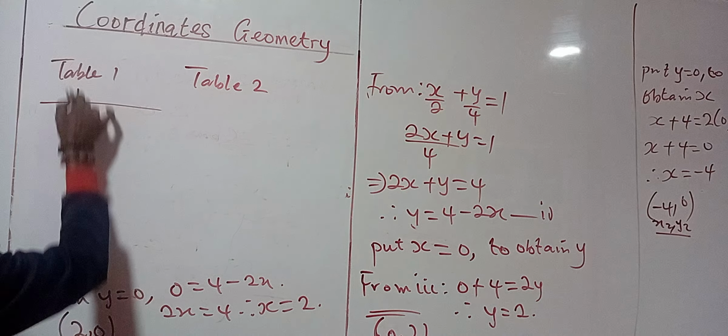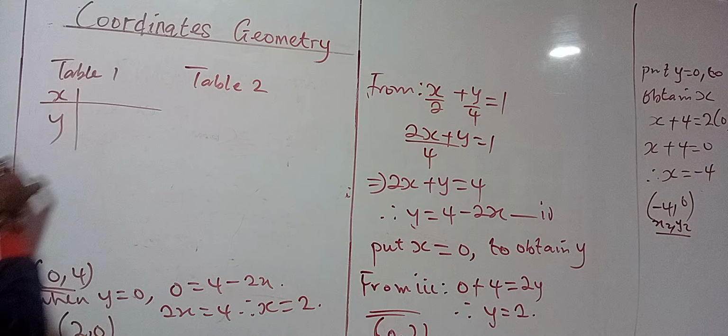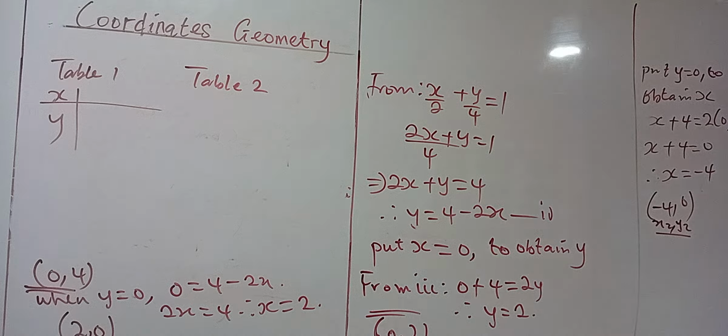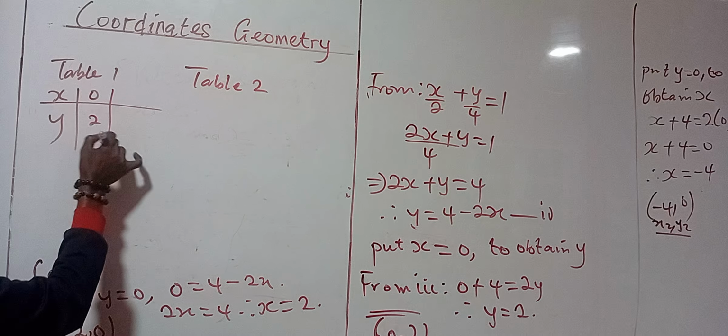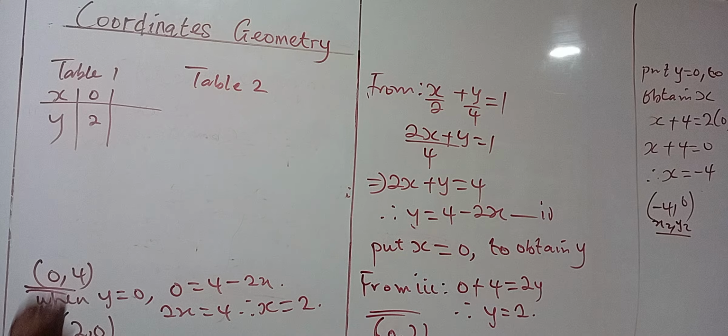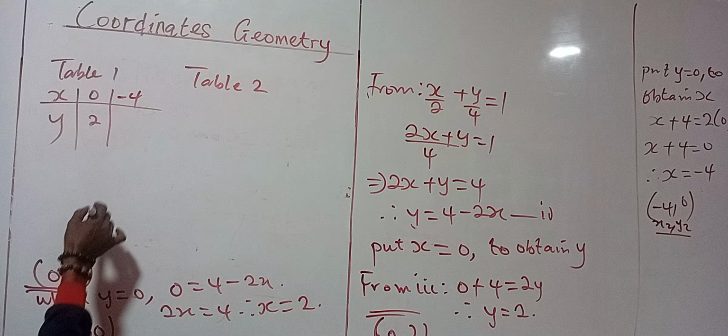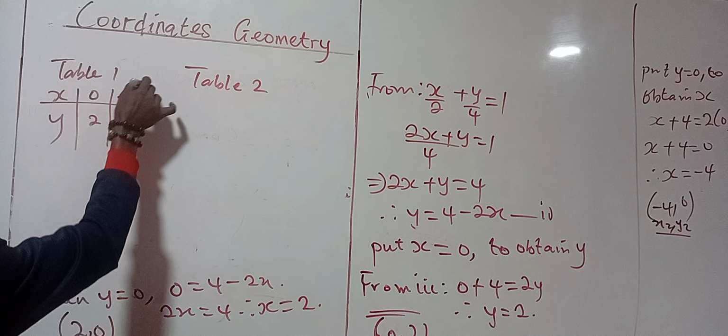Under table 1 we have x, we have y. The first value was, let's say, 0, then we have 2. Then the other one is minus 4, then we have 0. That is table 1.